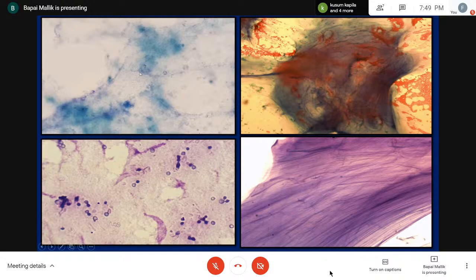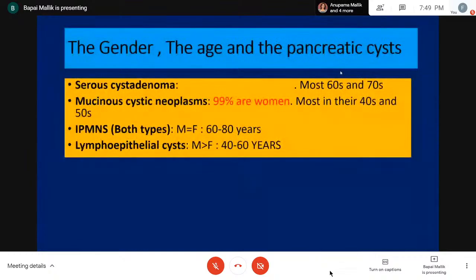So to the left, mucin from the GI tract, very thin, and this is the thick mucin that almost clinches the diagnosis. If you see mucin this thick, you need not do any other tests like molecular tests or even biochemical cyst fluid analysis to say that this is indeed a mucinous neoplasm, whether it be an MCN or an IPMN. So this is a very important slide.